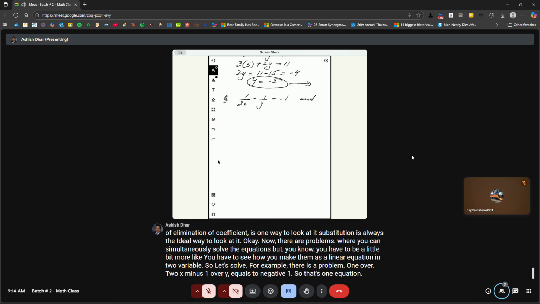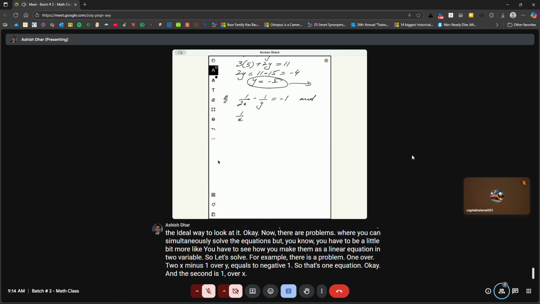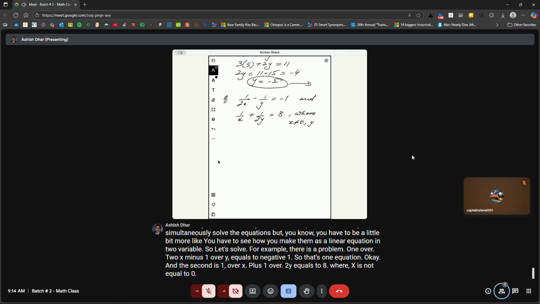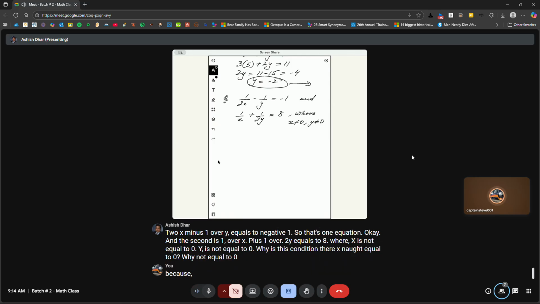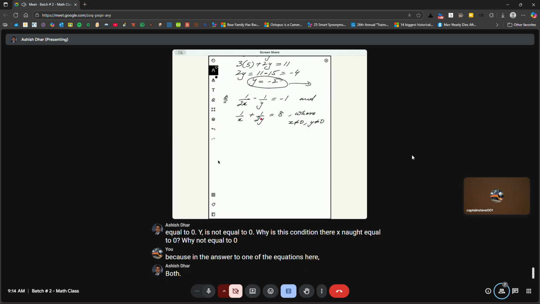So that's one equation. And the second is 1 over x plus 1 over 2y equals 8, where x is not equal to 0, y is not equal to 0. Why is this condition there? X not equal to 0, y not equal to 0? Both of them will become undefined because you got the denominator, right?